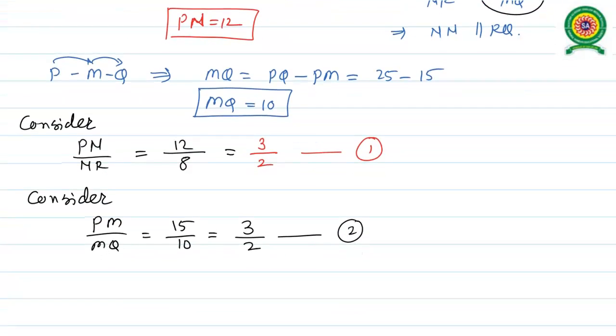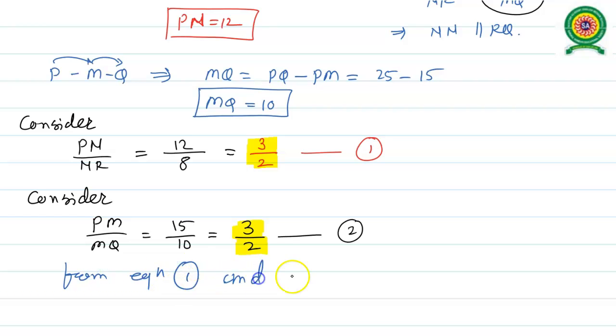Now look at equation 1 and 2 carefully. Both have the same RHS. So I am writing here the reason: from equation 1 and equation 2, once the RHS are equal for both equations, their LHS are equal. So PN divided by NR equals PM divided by MQ.